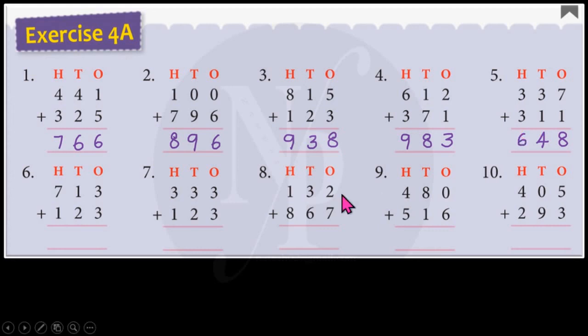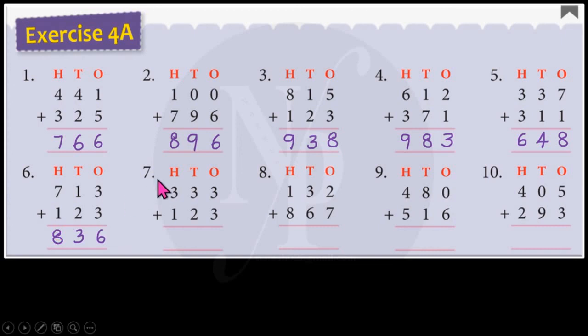Now let us move to the question number 6. Here we have to add 713 and 123. Starting from ones place, we add 3 plus 3 first. So adding 3 to 3 we get 6. Right, 6 in ones place. And 1 plus 2 is 3. 7 plus 1 is 8. 836 is the sum.